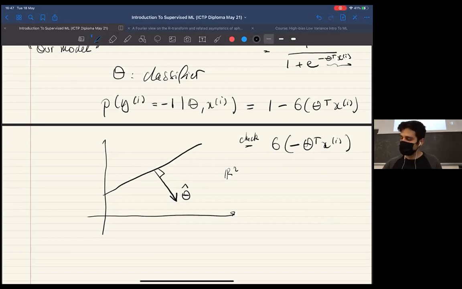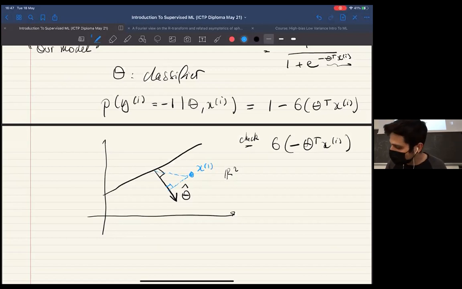Now, you see that if you have a point on one side, let's say here, we look again at the orthogonal projection of our point, let's say x1, our sample, on our classifier.